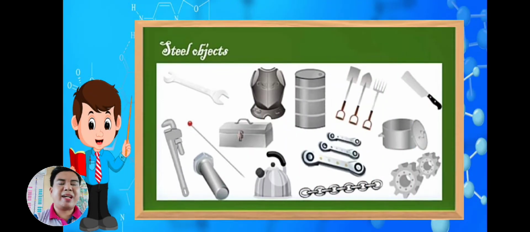Some conductors belong to a group of steel objects. Some of them are gardening tools, cans, knife, casseroles, and other gadgets. They belong to a group of steel objects which is conductor.